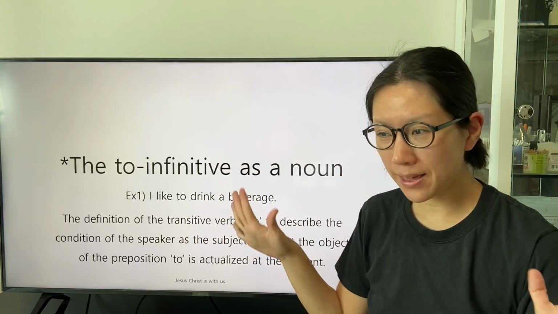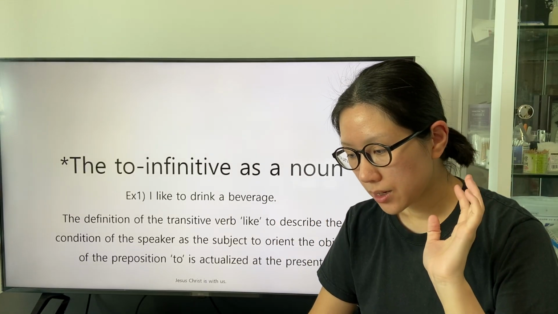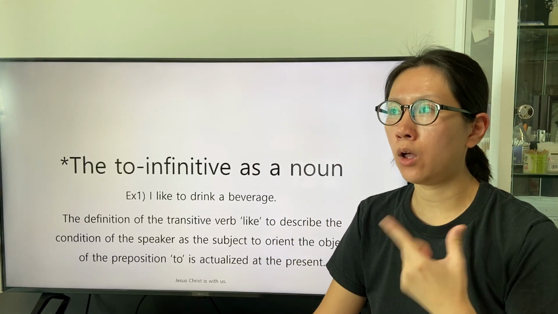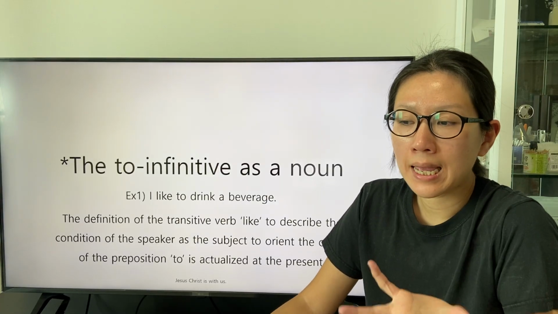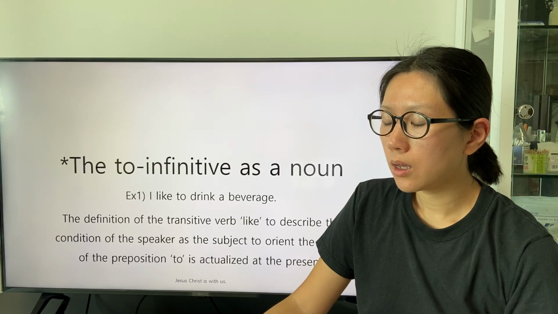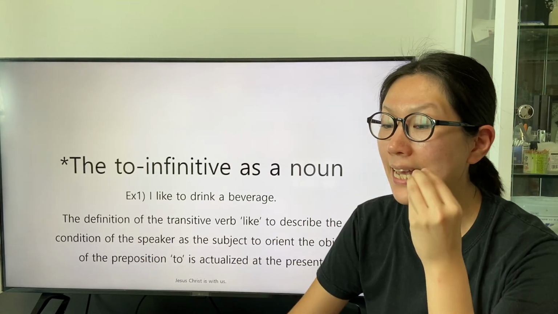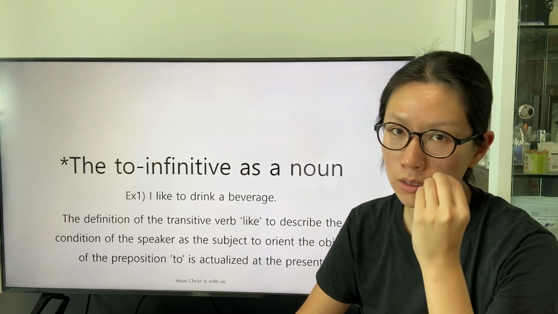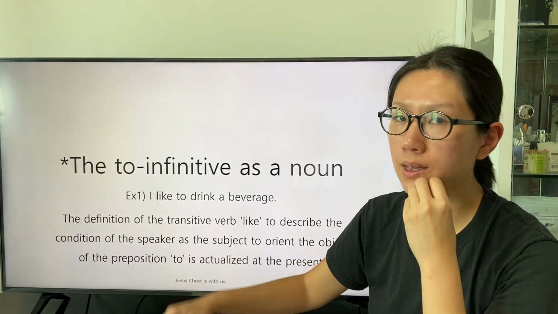The object that the speaker likes can be a purposed action, and the speaker as the subject has the purpose at the present when the speaker is described with a transitive verb like.